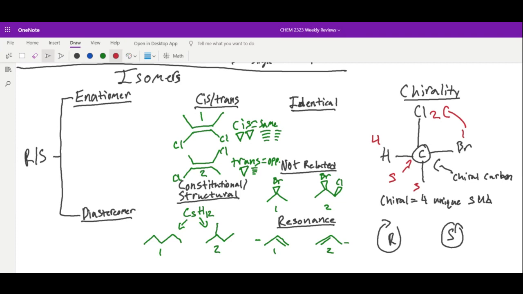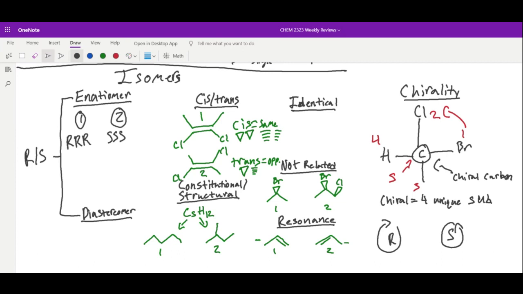So in that manner, let's say you have structure 1 and structure 2, and let's say they have 3 chiral carbons. If structure 1 has all 3 chiral carbons in the R configuration, in order for this to be an enantiomer, structure 2 has to completely flip the direction of the chirality.